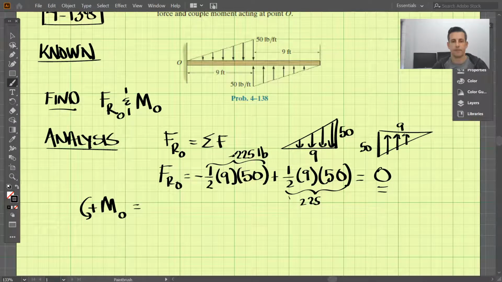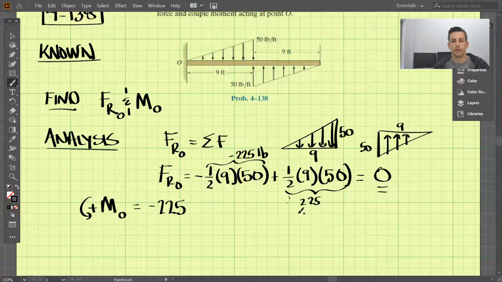This one's negative, if you want to consider that, because it's downward. So the distributed load on top of 225 pounds will create a clockwise rotation. So that will be a negative value, so we want to make sure that's a negative value. So we have negative 225. And then we need to multiply that by the distance that this force of 225 is acting away from point O.